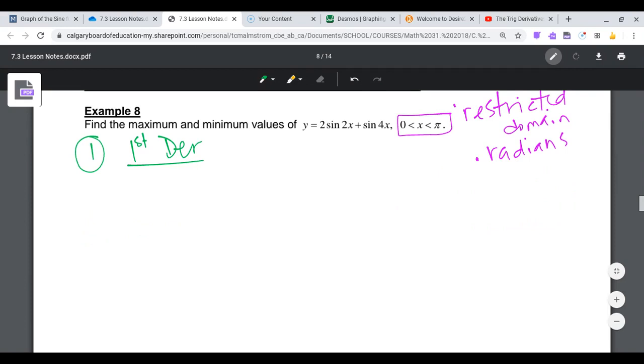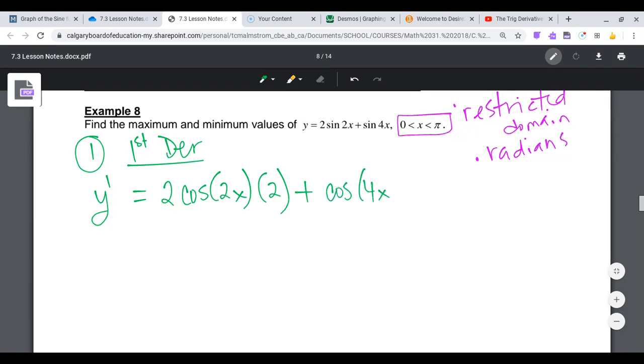So y prime is equal to 2 times the derivative of sine, which is cos of its argument 2x, multiplied by the derivative of the argument, which is 2. Don't forget that. Plus the derivative of sine 4x, which is cos of the argument 4x multiplied by the derivative of 4x, which is 4.